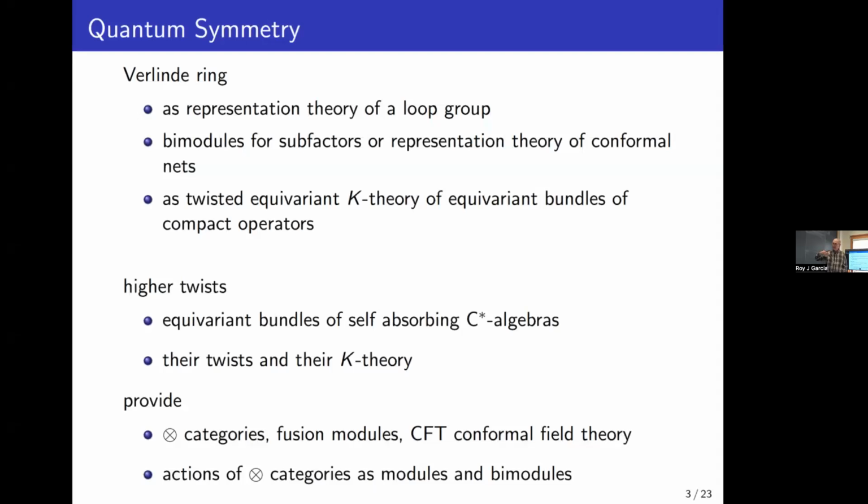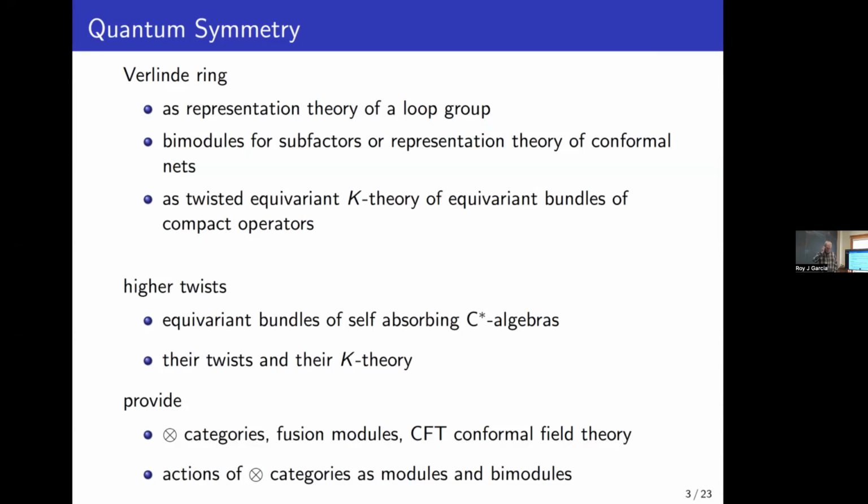This is replacing the compacts with more exotic algebras, taking the corresponding equivariant bundles, computing their K theory, and all this then provides possibly new tensor categories, fusion modules, and possibly new conformal field theories.